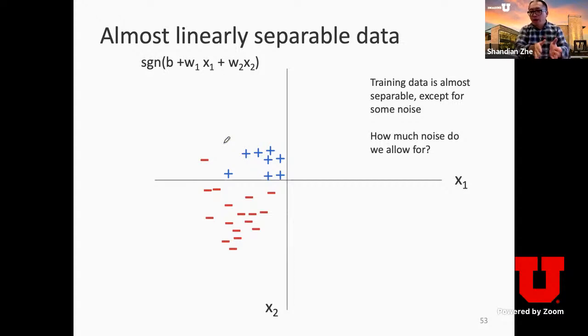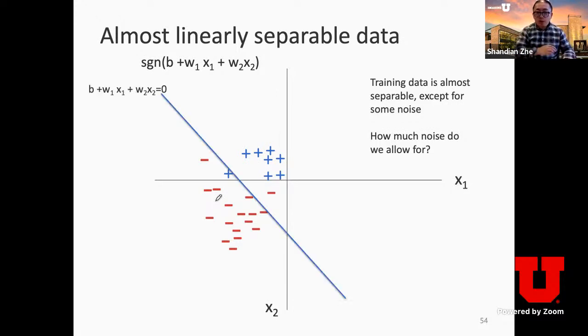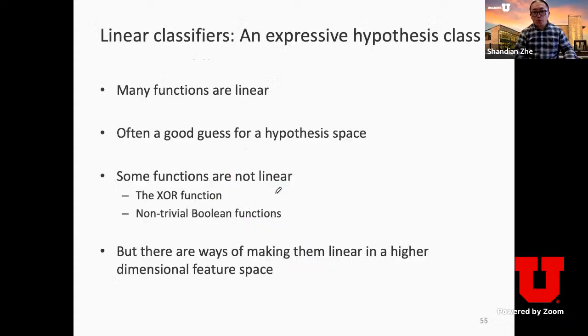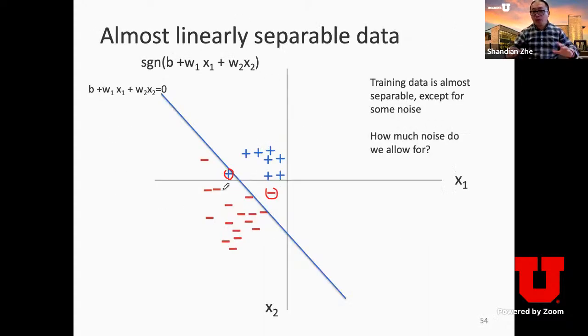Namely, some examples can be misclassified by the linear classifier as long as such examples are few. In this case, the positive and negative examples are close to each other, but we can still draw a classification boundary where only two examples are misclassified. Those two examples are kind of noisy examples; either their labels are corrupted or their inputs or features are corrupted.